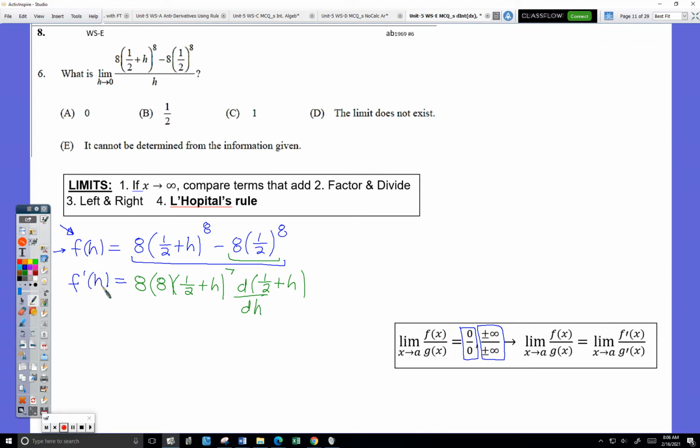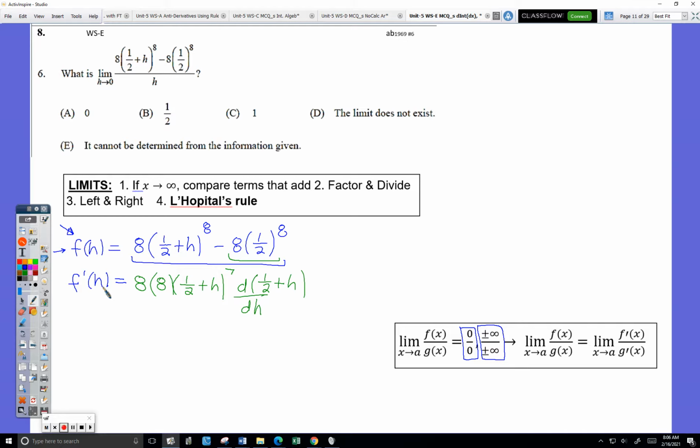Okay, questions, anything? Anybody need to repeat anything, say it again differently? Oh yeah, please, David, sorry. Could you then split out the d of 1/2 plus h over dh and go even further? Yeah, you need to keep going because now you've got the derivative of 1/2 plus the derivative of h.